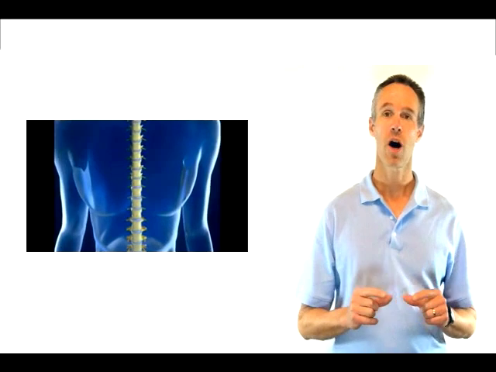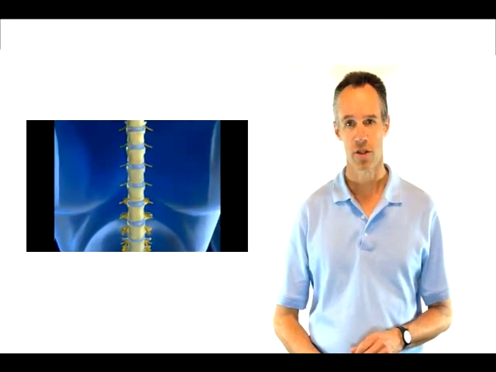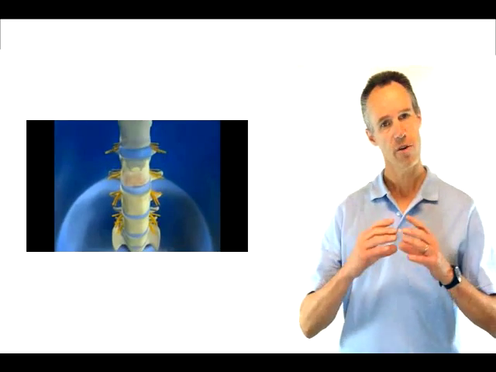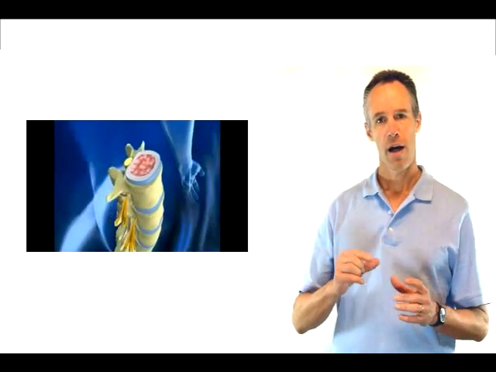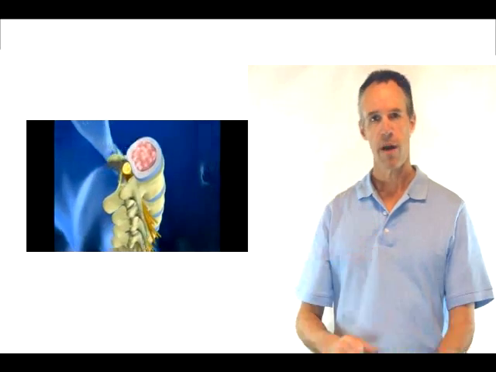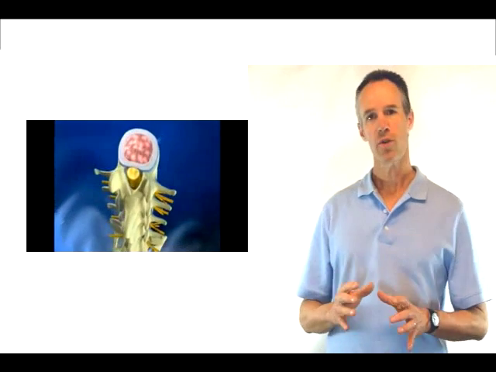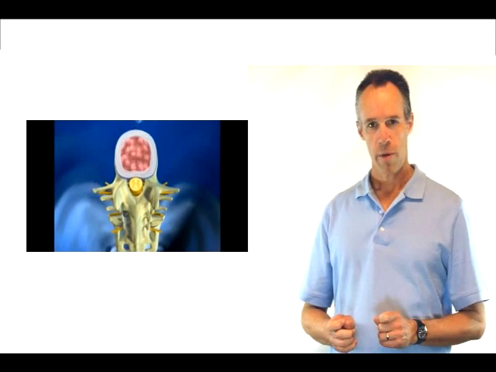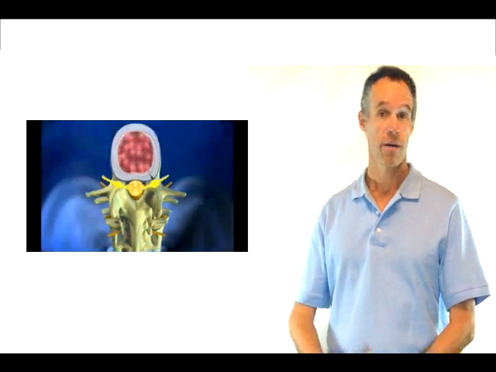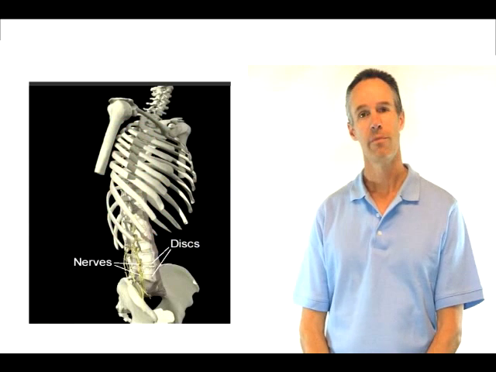Now when we talk about discs in the back, those are the spacers between the vertebrae in your low back. If you can see over here, they sit between the two vertebrae, and they're closely associated with some nerves that come out right there at the low back and run down your legs, primarily the sciatic nerve.